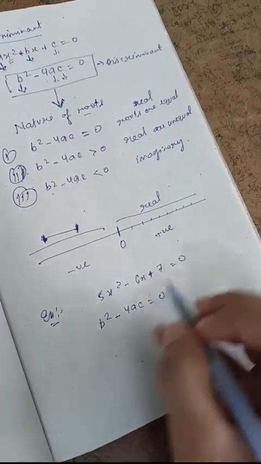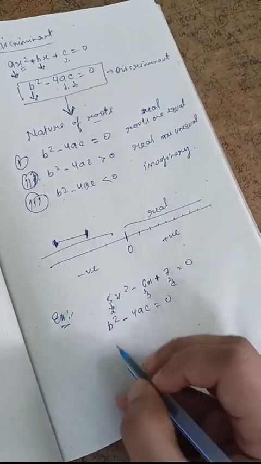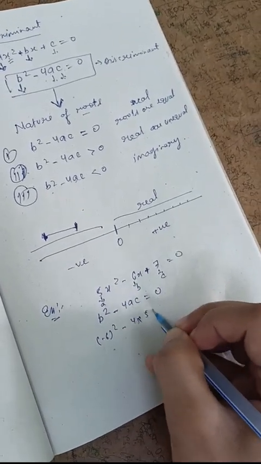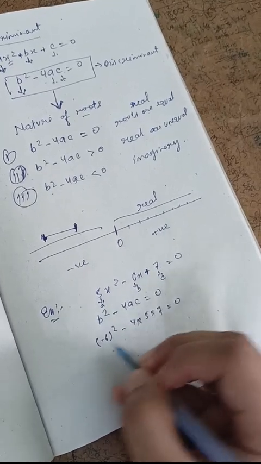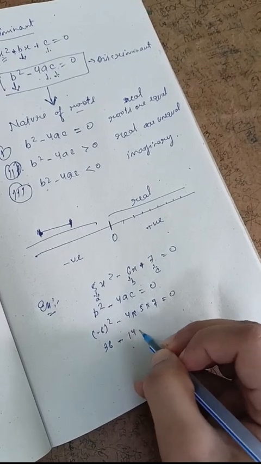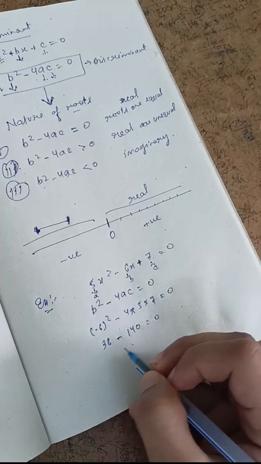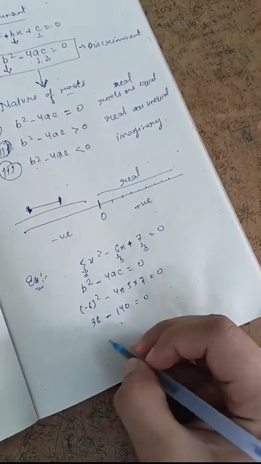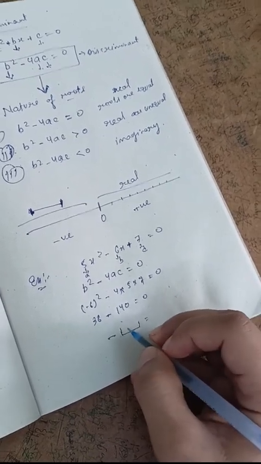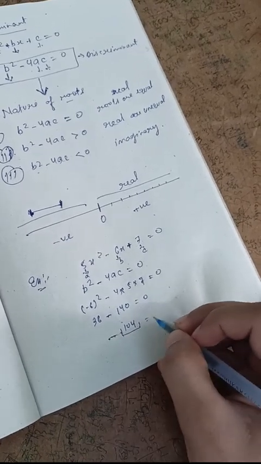Put the values: this is a, this is b, and this is c. b square means minus 6 square, minus 4 into a, 5, into 7. 36 minus 4 times 5 is 20, into 7, 20 into 7 is 140. When you find the final number, it becomes negative, that is minus 104. That 104 is negative.